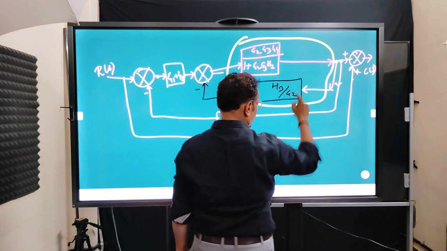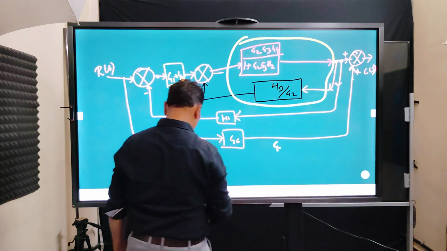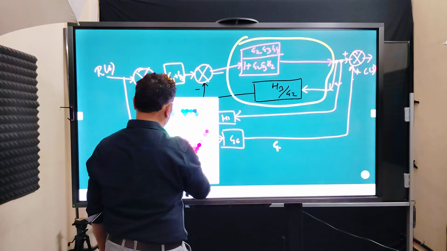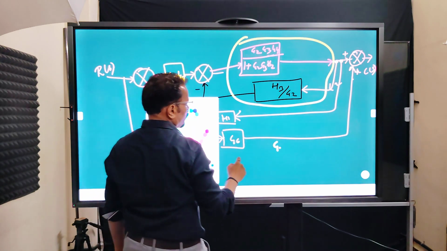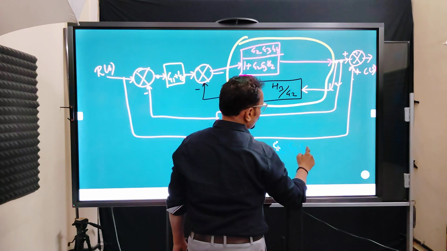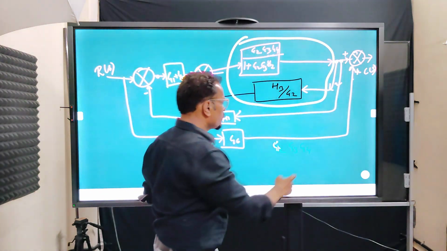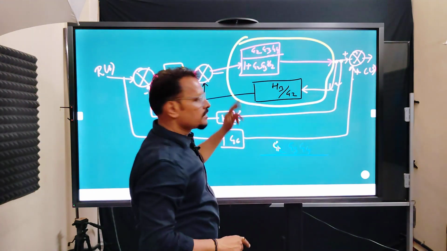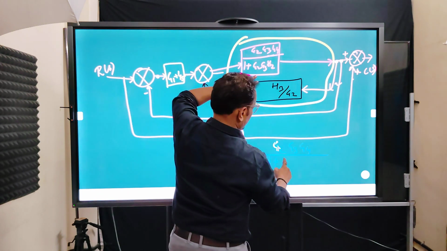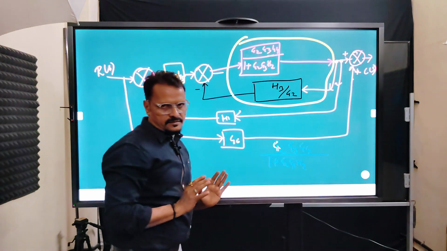I'll write it somewhere here first, then we'll copy it there. G2, G3, G4 as it is. We divide it, and write 1 plus G2, G3, H2 as it is.